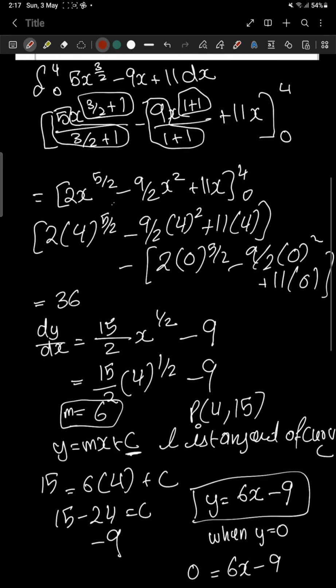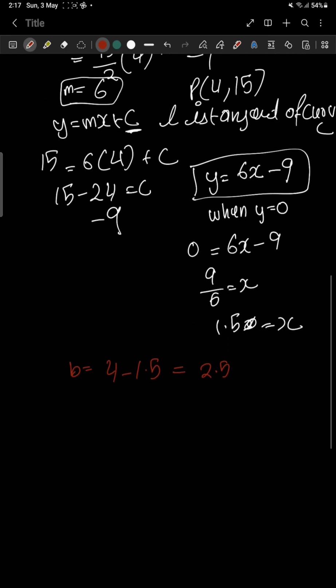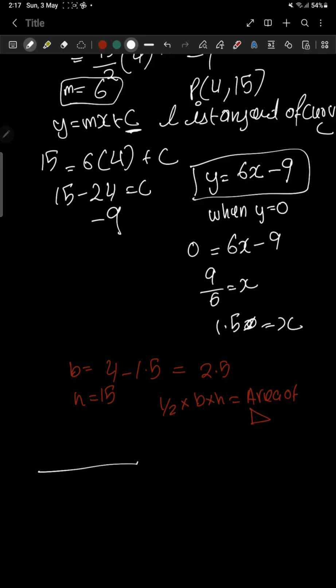The area of the triangle is half times base times height. If I substitute 2.5 times 15 over 2, we get 75 over 4, which is 18.75.